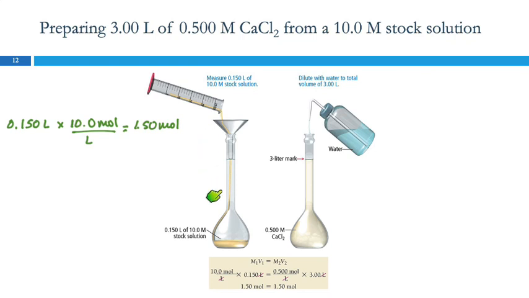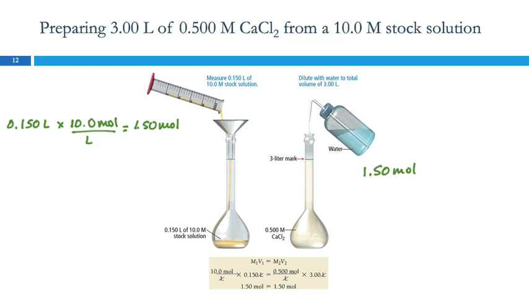So we're going to put that into this flask, and then we're going to add water until the volume of the entire solution is at 3 liters. So over here, we still have our 1.50 moles of the solute. We put it in there, it didn't go anywhere.